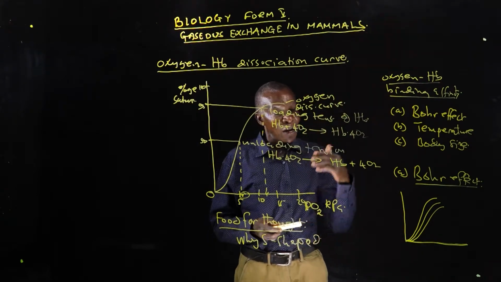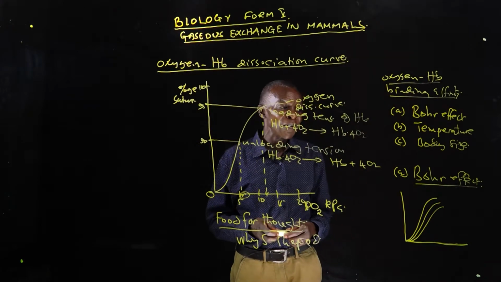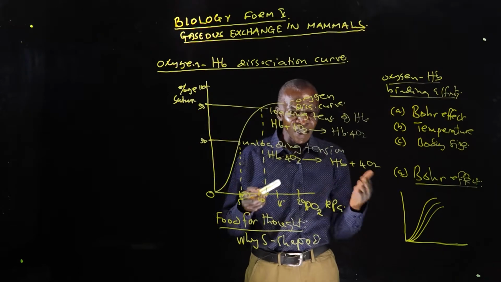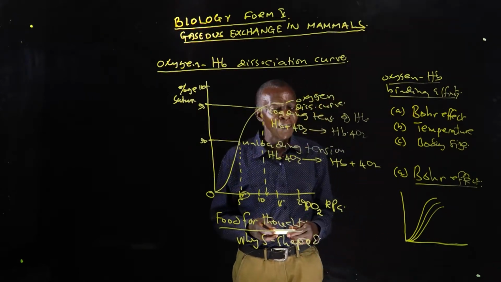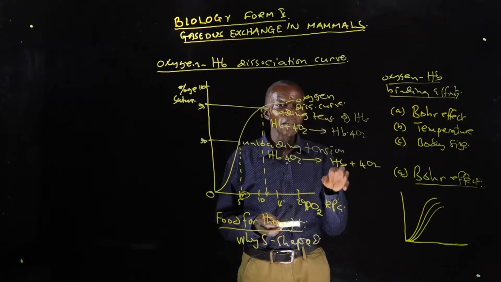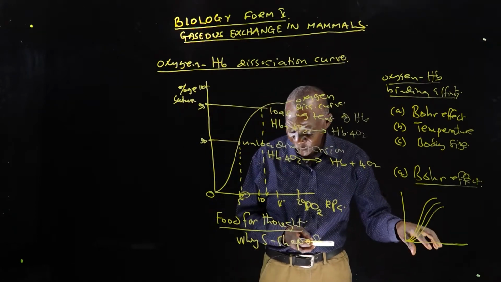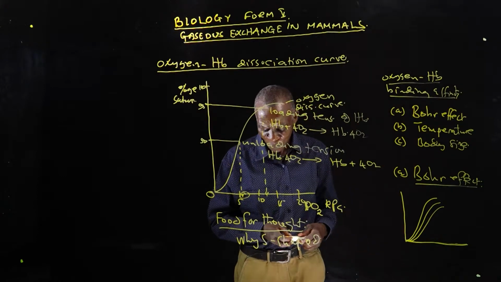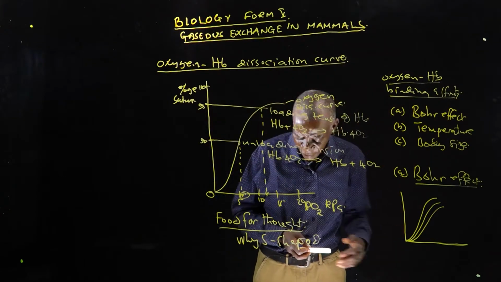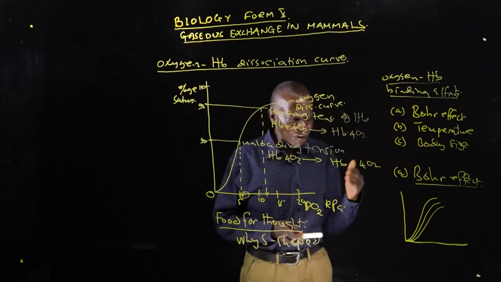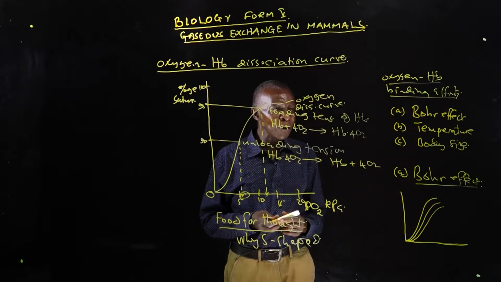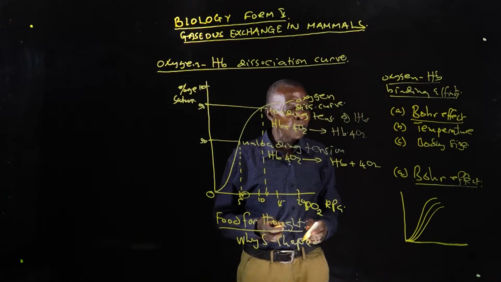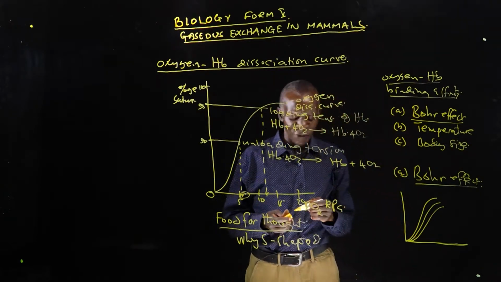And therefore, with the increased production of carbon dioxide, its tension is also increasing. With the increased tension of carbon dioxide, automatically there are increased chances for the hemoglobin to release oxygen into the actively respiring cells. And this phenomenon is what we call the Bohr effect.